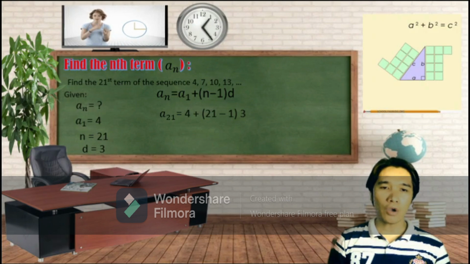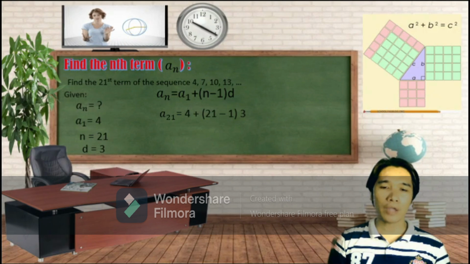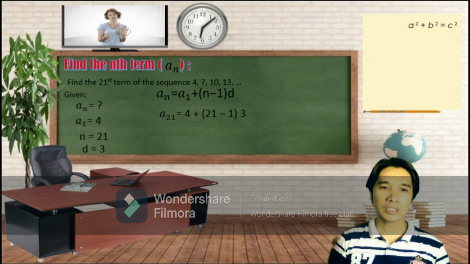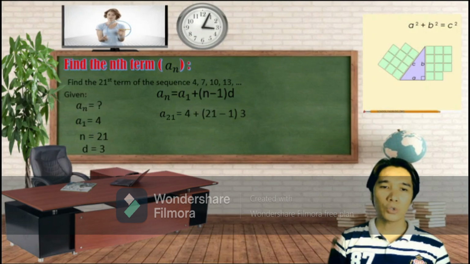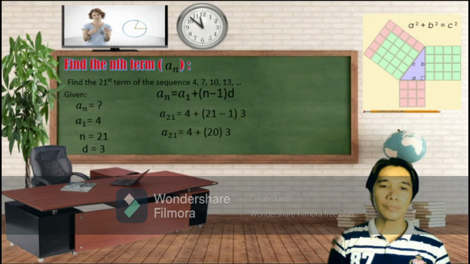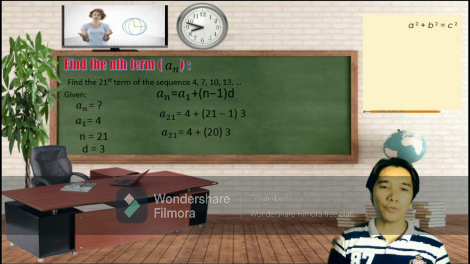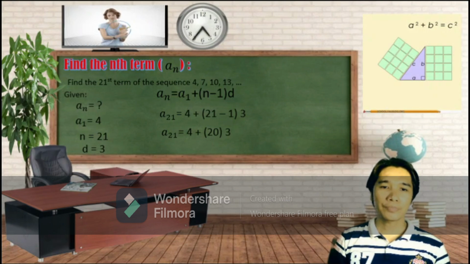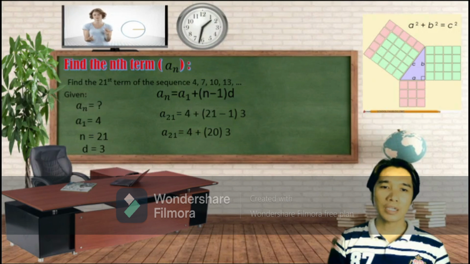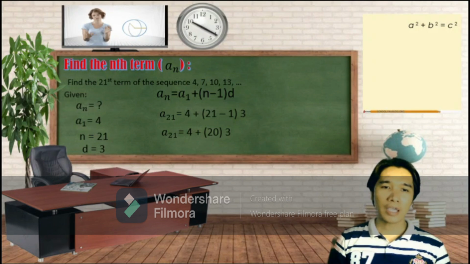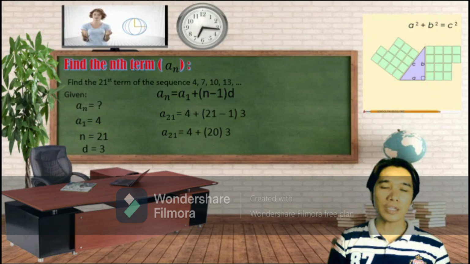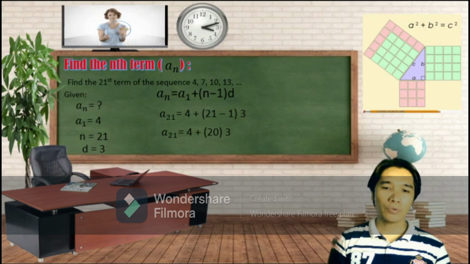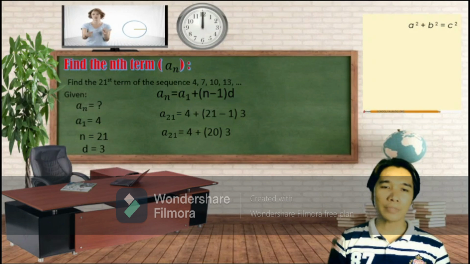First, we are going to subtract 21 by 1 because it is inside the parentheses, following the PEMDAS rule. So we have a sub 21 is equal to 4 plus 20 times the common difference, 3. Next, we are going to multiply 20 times 3, following the PEMDAS rule.